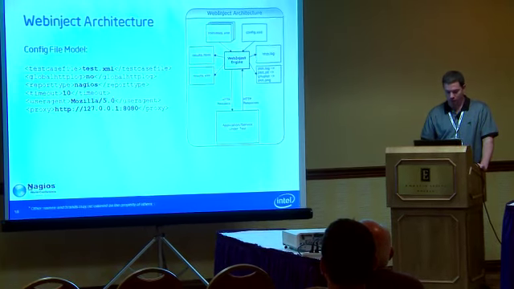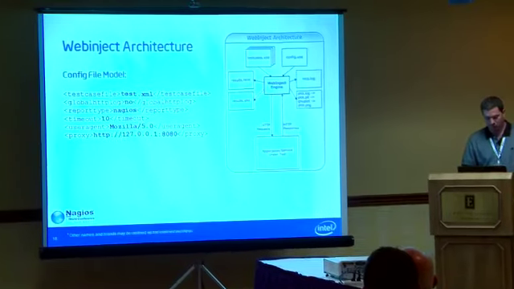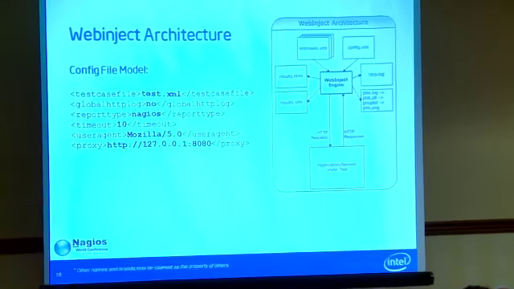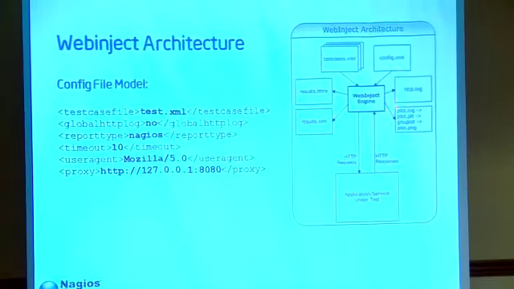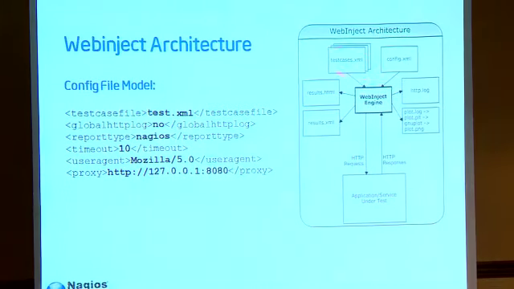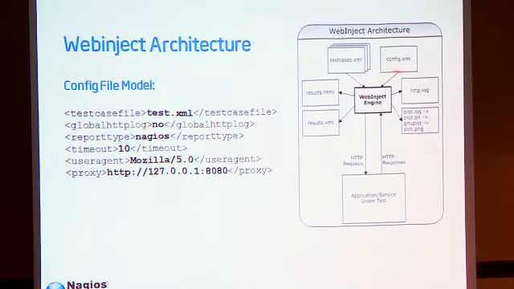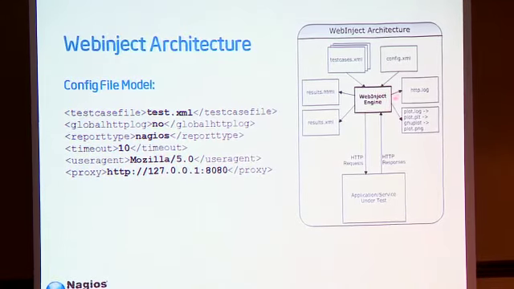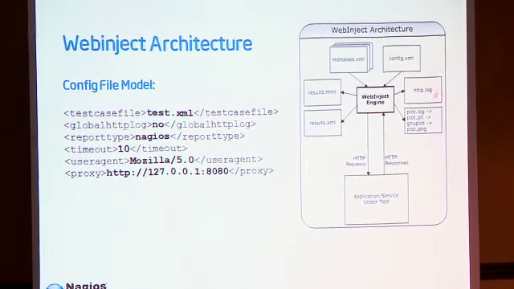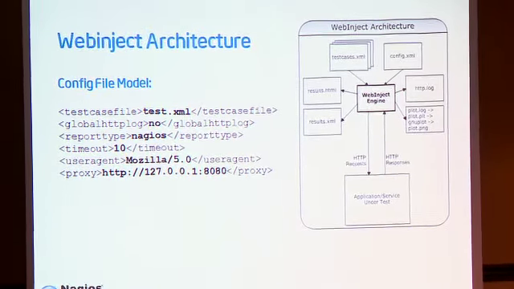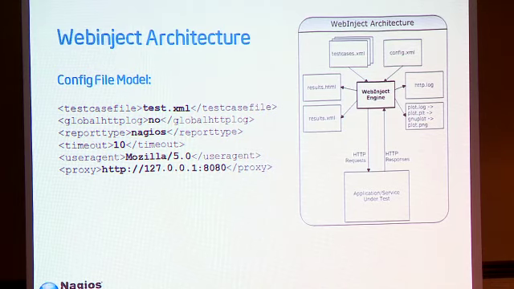What is the architecture of WebInject? As I said, you have the config file. You have test cases, and you can have many of them using the same config file. It saves the data that you receive in an HTTP log, and it sends requests and you receive responses. You have different kinds of report types.